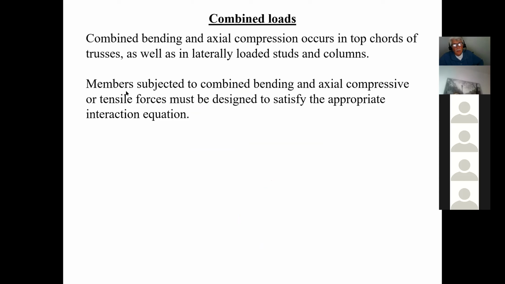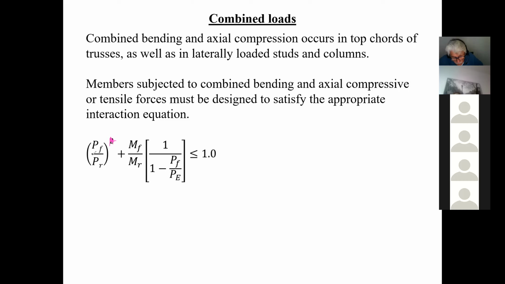Now, members subjected to combined bending and axial compression forces or tensile force must satisfy the appropriate interaction equation. So these are the two interaction equations, okay? PF over PR squared. In my days, believe it or not, this was not here. This helps you. By squaring this ratio, it lowers it, so it helps you, okay?